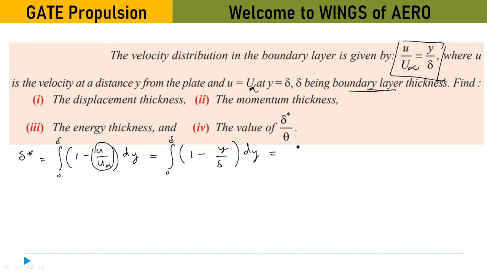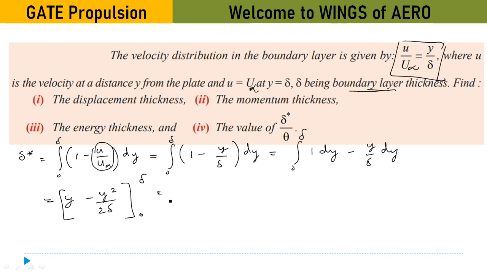Upper limit gives del minus del square by 2 del, and at 0 it becomes 0. Simplify that, del minus del by 2 gives del by 2. Isn't it? Are you getting the same value? So your del star is del by 2. In your exam you'll have a couple of options, so you have to see which is the suitable answer and accordingly select it.